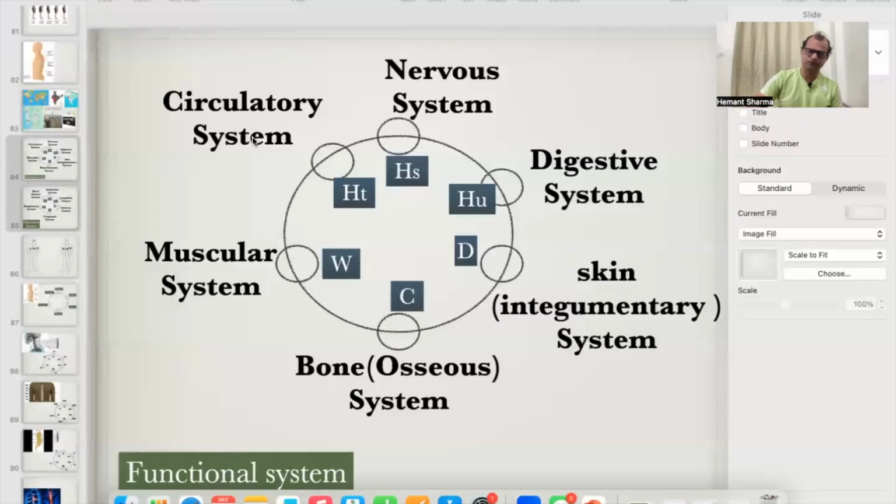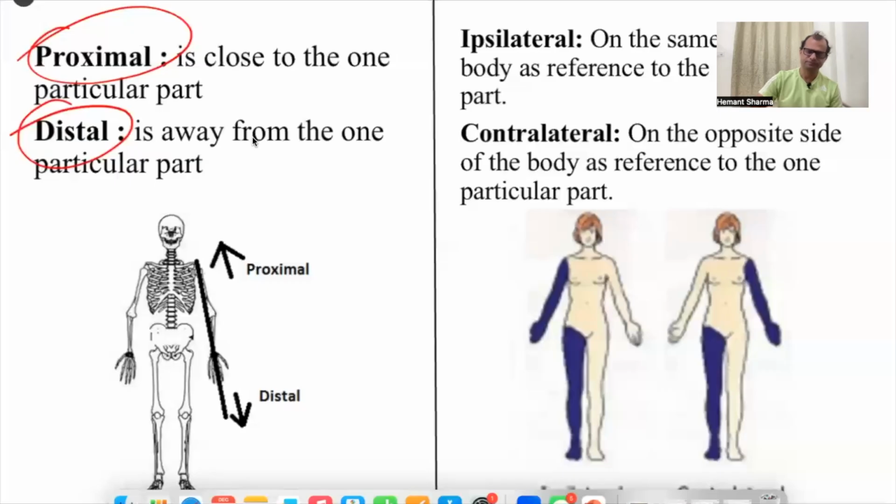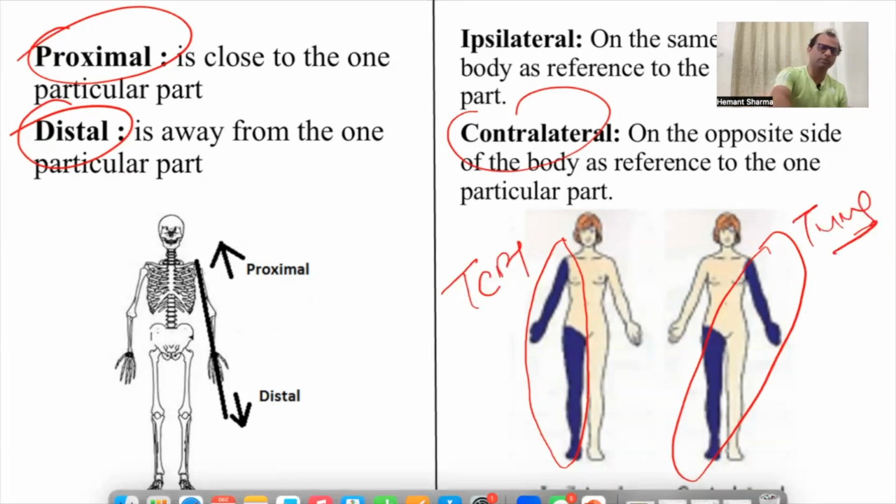Then the next term is called ipsilateral. Ipsilateral means same side, and contralateral means opposite side. Like in TCM, we are using the point on the same side. Like in the master tung, we are using points on the contralateral side. तो हमने कहा कि भाई दर्द कहाँ है, राइट में, इप्सिलेटरल पॉइंट लगा दो, यानी सेम साइड में लगा दो. पेन कहाँ है, पेन है राइट में, कॉन्ट्रालेटरल पॉइंट लगा दो, यानी अगर राइट में पेन है तो लेफ्ट में लगा.